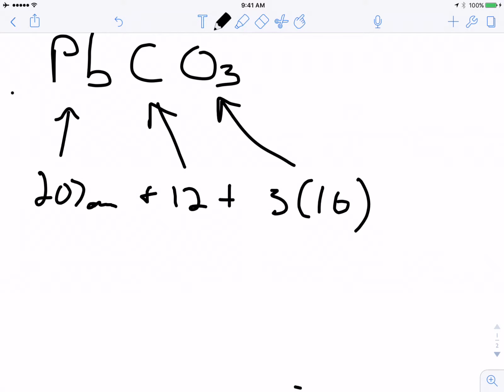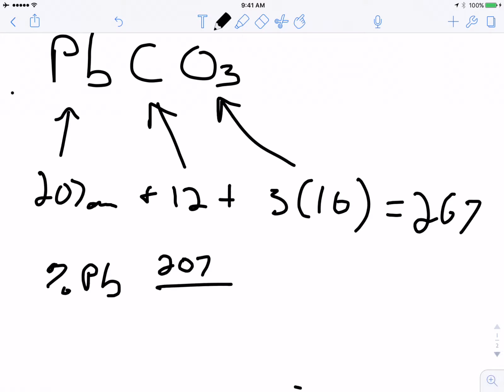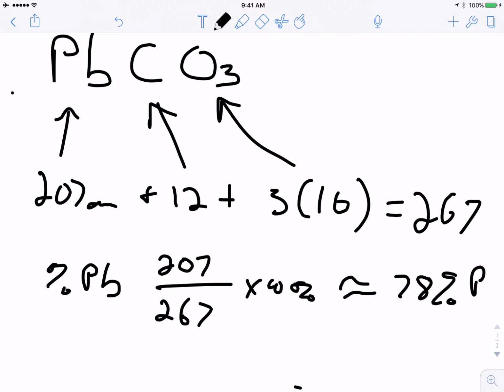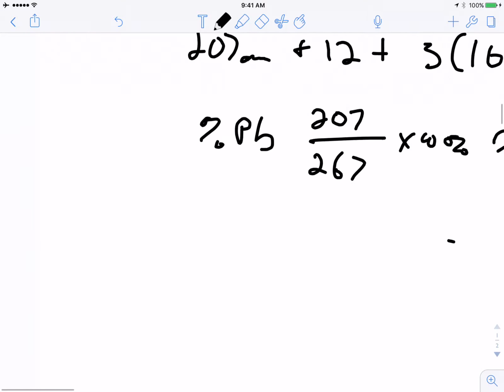See how I have 3 of them times the 16? Add all that together, 267 AMU. And what percent of lead do we have? Well, we have 207 AMU of that divided by 267 times 100% equals about 78% lead. Awesome.